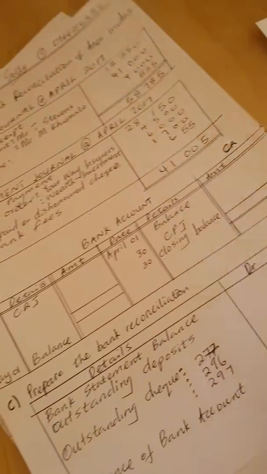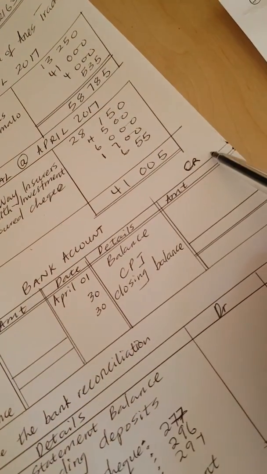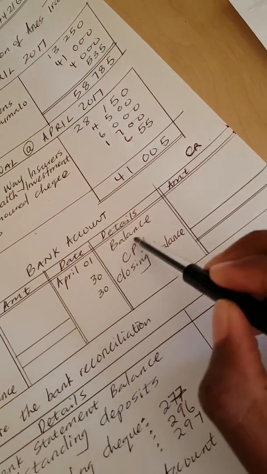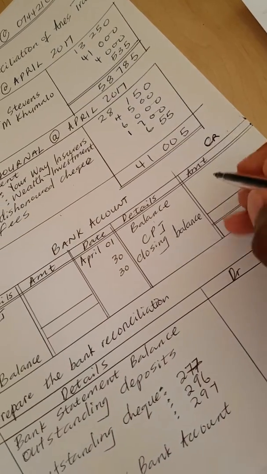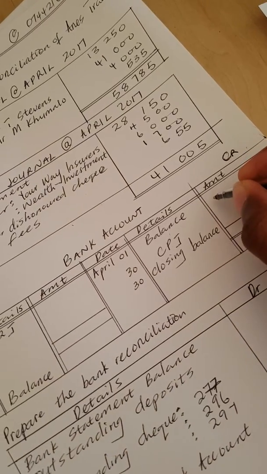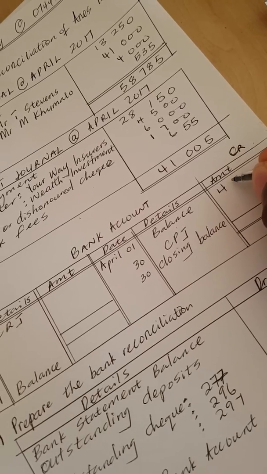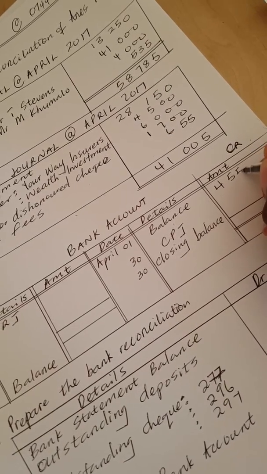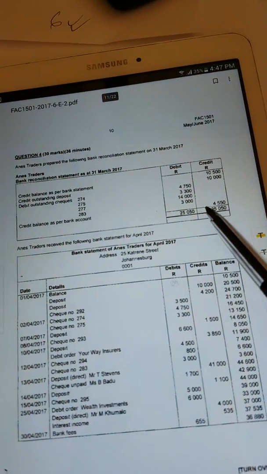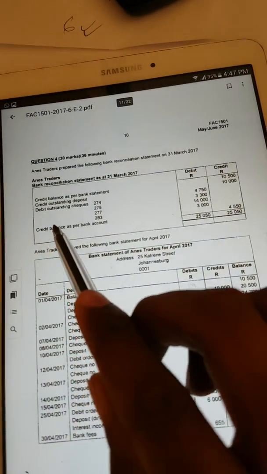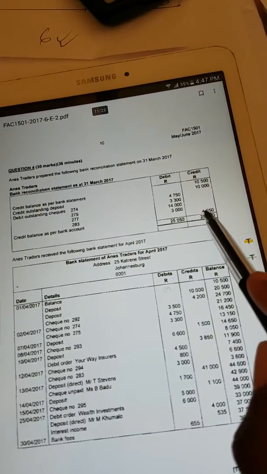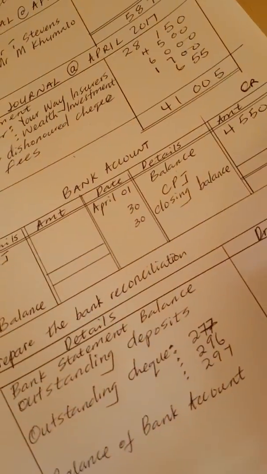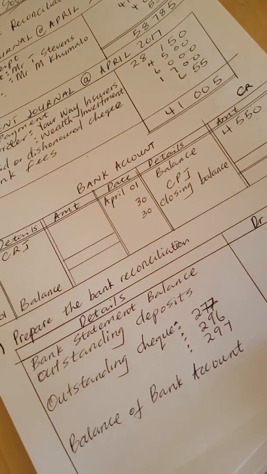So you will come here and say on the credit side we have an unfavorable balance of 4,550. This is how we do it. I'm referring to this balance because they're saying we have a credit balance, so this balance should come on the credit side of the bank account.